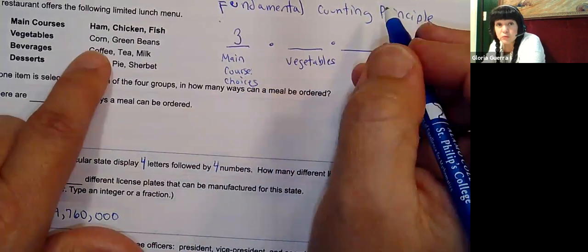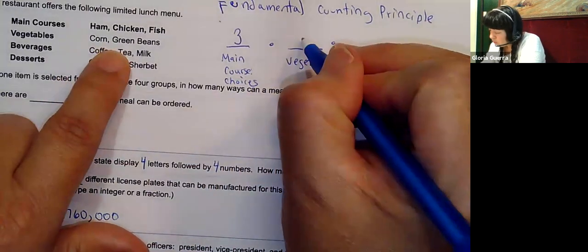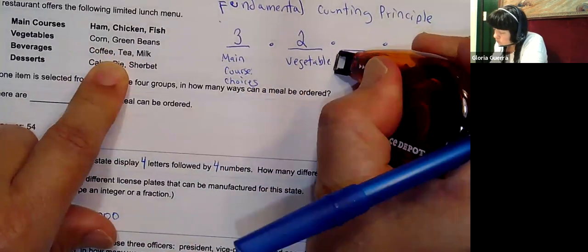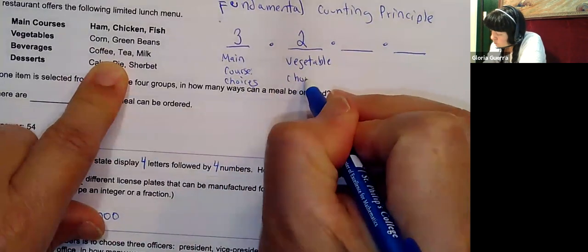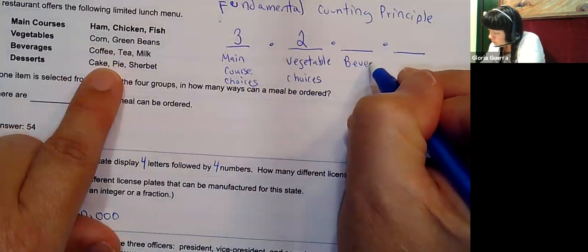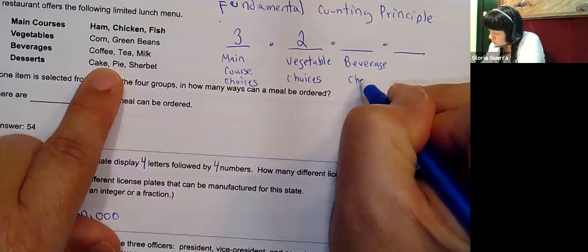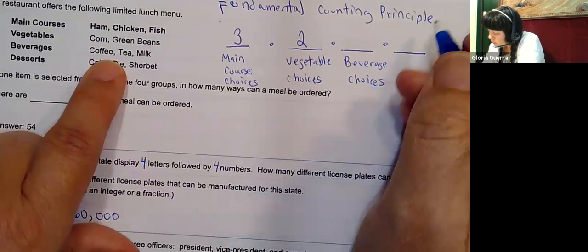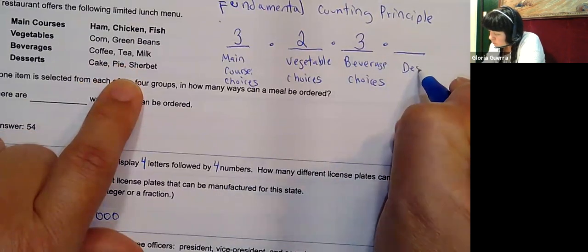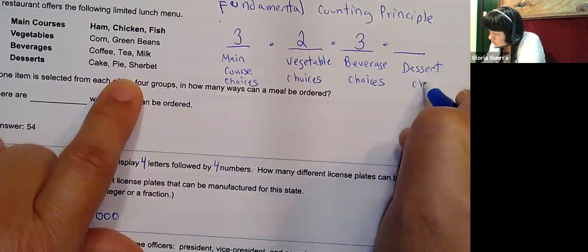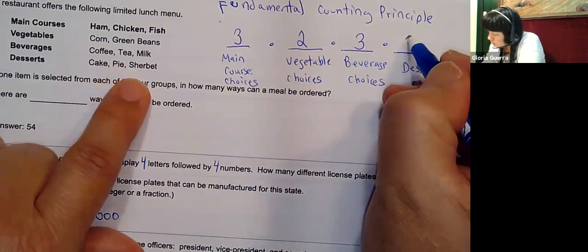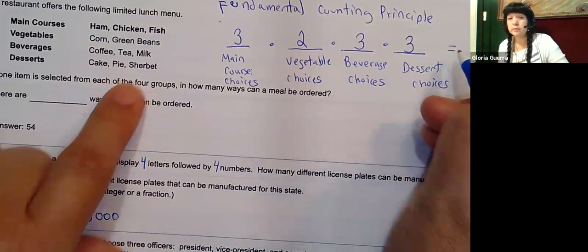Okay, so you have 2 choices, 1, 2, the corn and the green beans. So vegetable choices. Okay, then you have beverage choices. So you have 3 choices: coffee, tea, or milk. And then you have your dessert choices: cake, pie, or sherbet. So you have 3 choices. Okay.